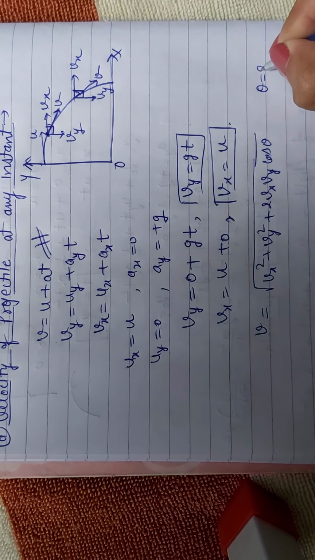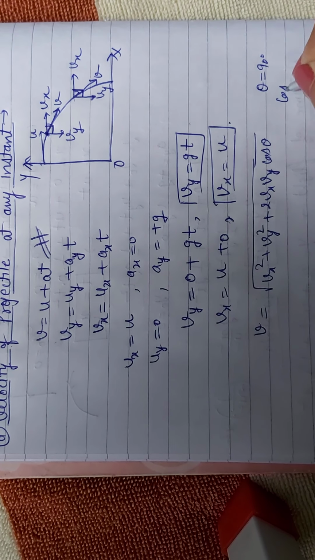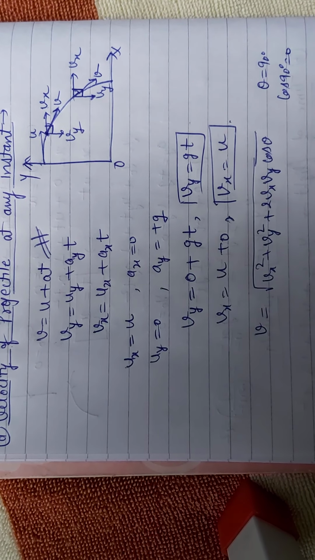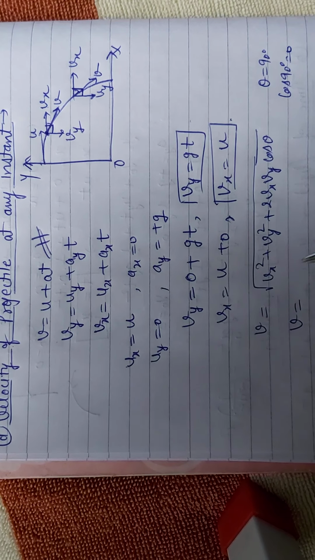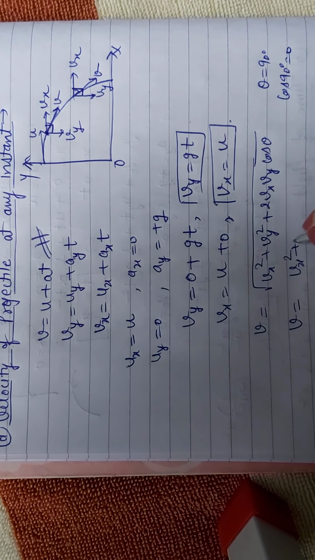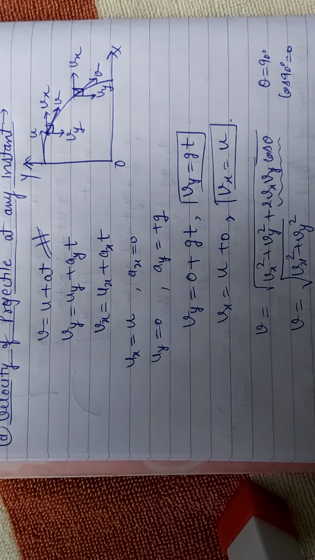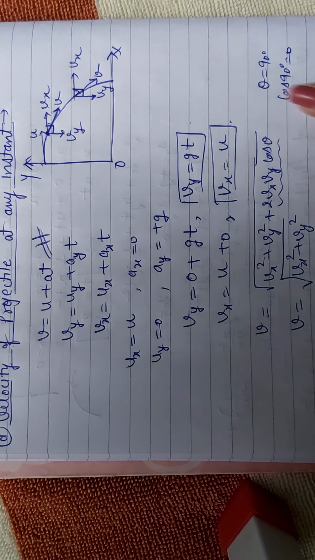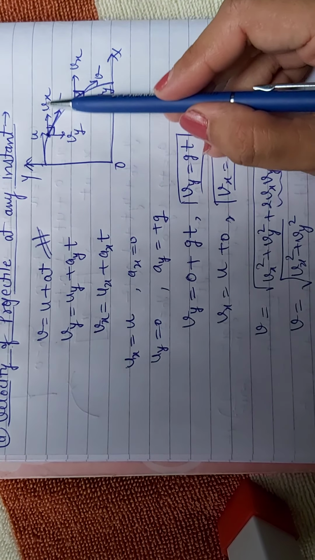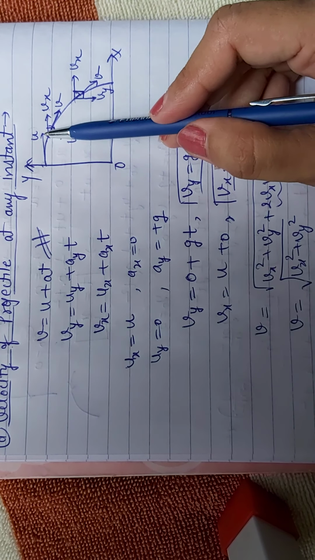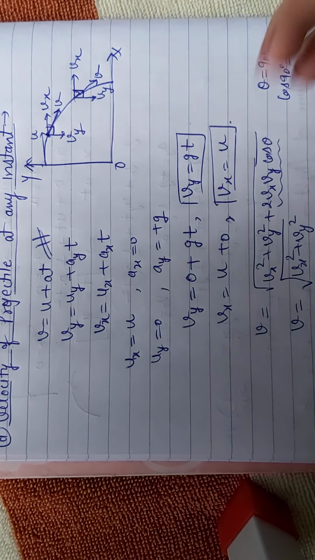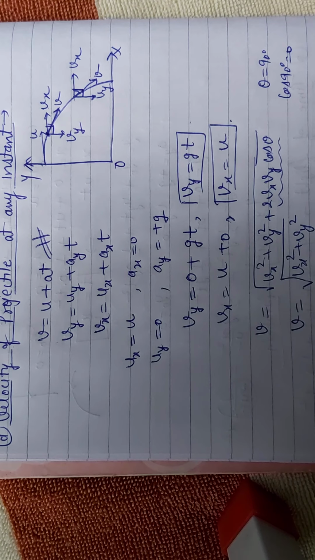So theta is equal to 90 degrees and cos 90 degrees is equal to 0. So this term will be 0 because of this theta. Vx is the velocity along the x-axis, Vy is the velocity along the y-axis, and x and y are perpendicular to each other.